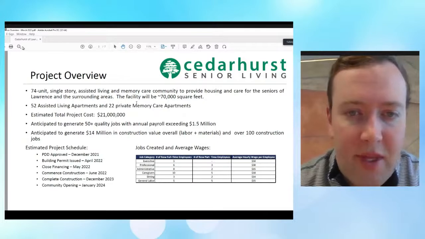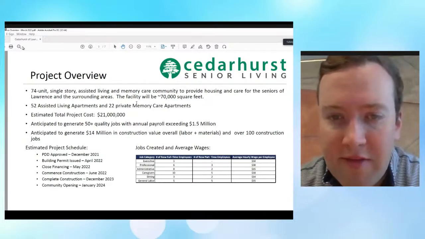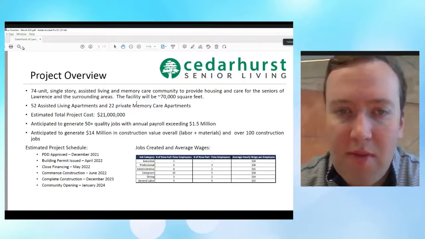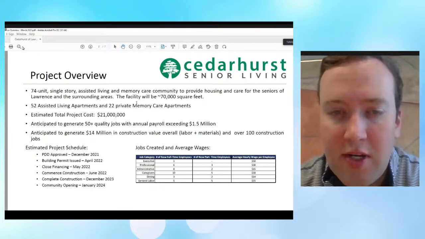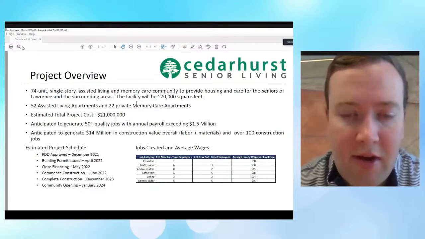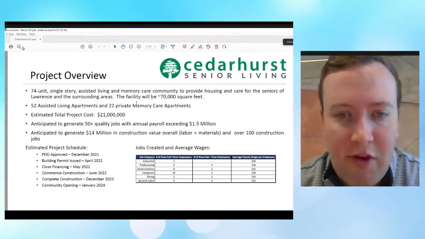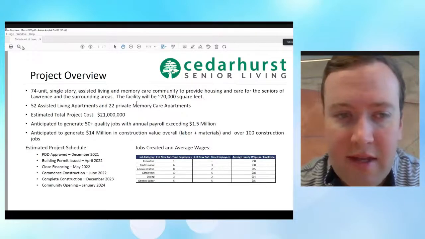And then in terms of the construction, we'll also be creating obviously a lot of jobs. We try to use local subcontractors in the area as much as possible, and so hopefully it will be a nice boost to the local construction market and labor market as well. And just a high level of our schedule: we currently have the property under an option contract.